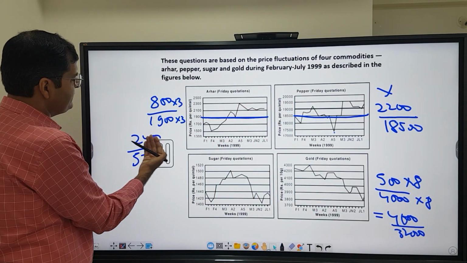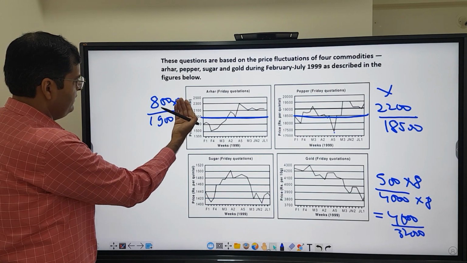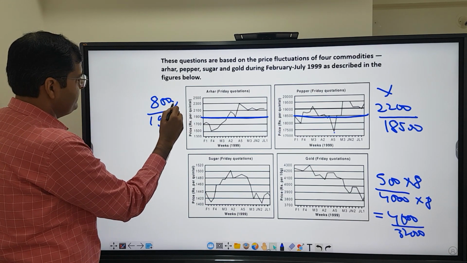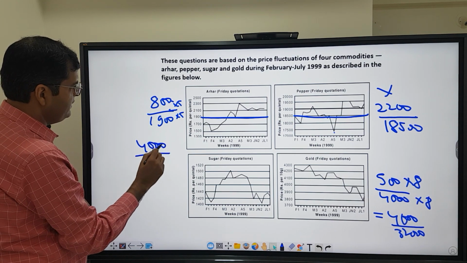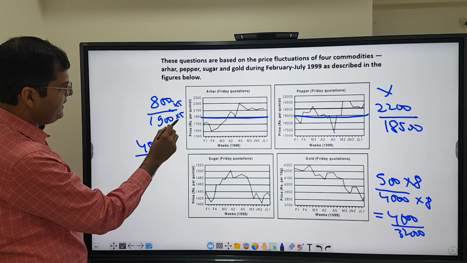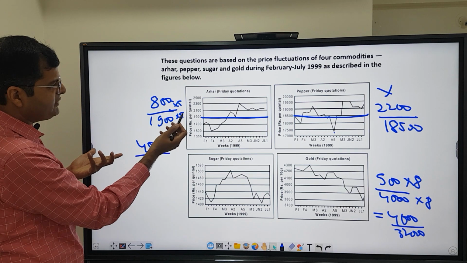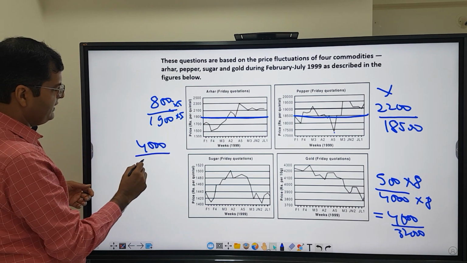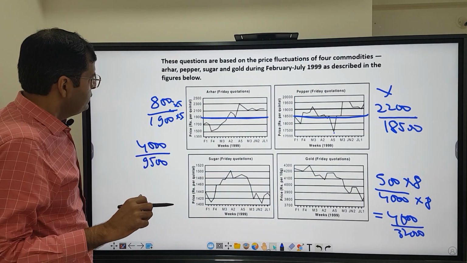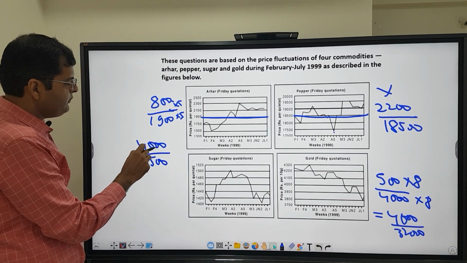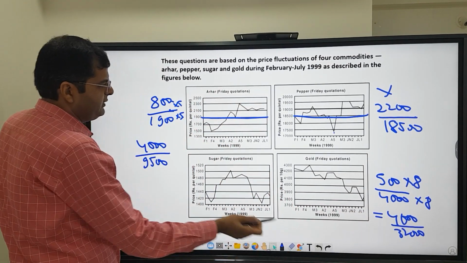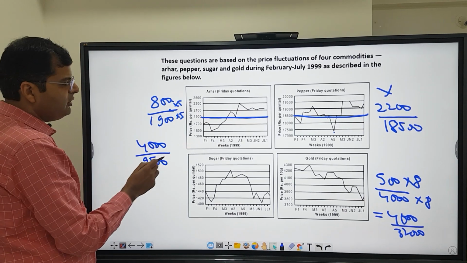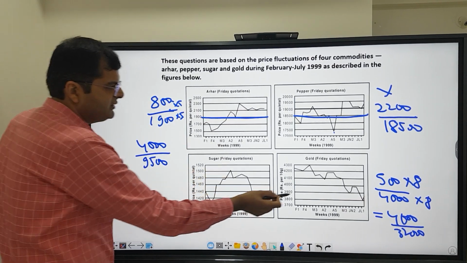And if I multiply this by 5, numerator and denominator, that is again 4,000 and 1900 into 5. Even if it's almost 2,000 into 5, it's 10,000, but it's 9,500. So price volatility over here is 4,000 by 9,500 and here it is 4,000 by 32,000. So this is much more, and so gold is also ruled out.